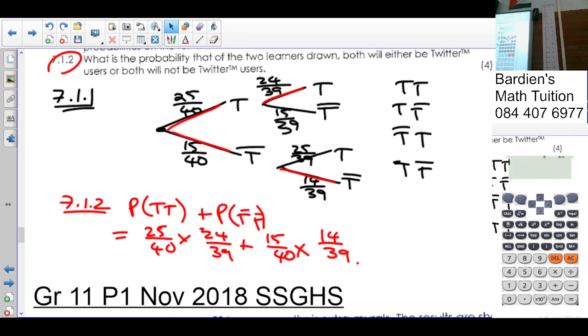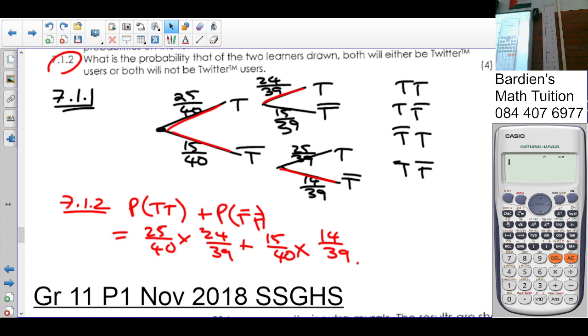So that gives us 25 out of 40 times 24 out of 39 plus 15 out of 40 times 14 out of 39.